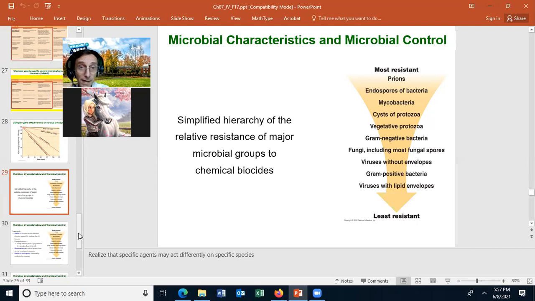This is a simplified hierarchy of the relative resistance of major microbial groups to chemical biocides in general. The most resistant microbe to a chemical biocide are prions. Let me blow this up.